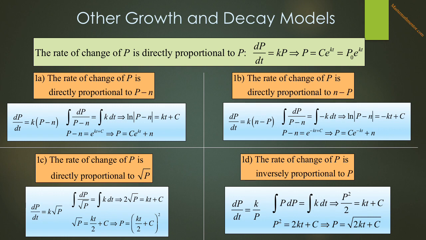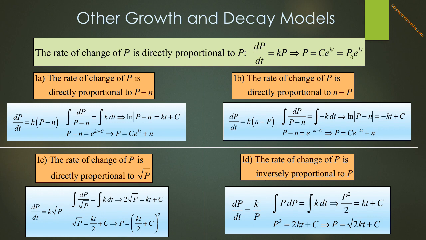D reads, the rate of change of P is inversely proportional to P. That means that dP/dt is equal to k over P. And we can then write that as P dP equals k dt, and integrate both sides, getting P squared over 2 is equal to kt plus c.